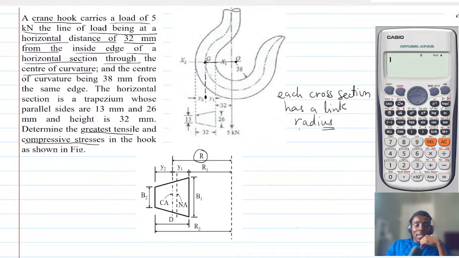The best way to look at this is to think of this trapezium as having some centroid, and then it will pass through a certain distance. Okay, and then also there is a neutral axis, and all of them will pass through.